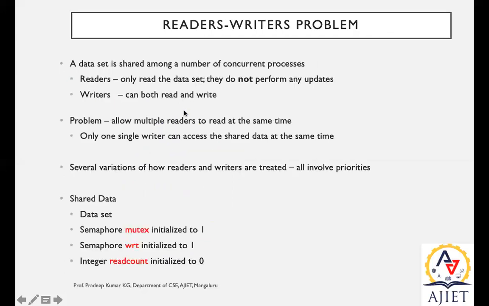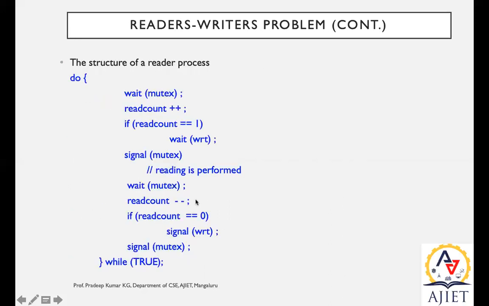Read count is also initialized to 0 because there is no reader. Now, when read count is 1, we can give chances to the writer, saying that reading can be performed.